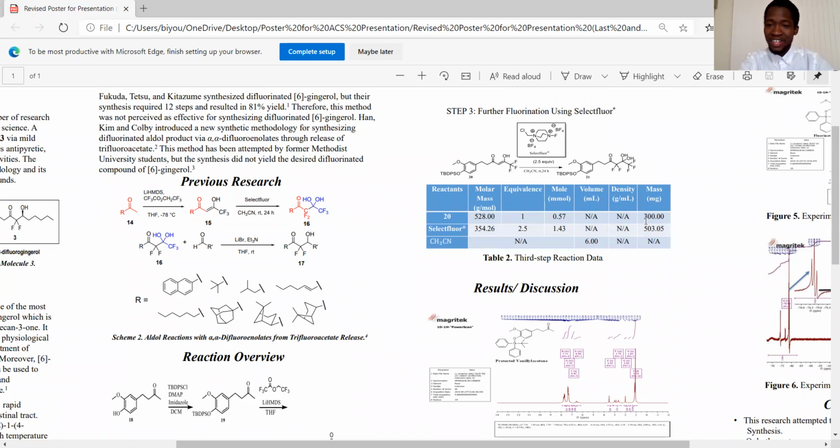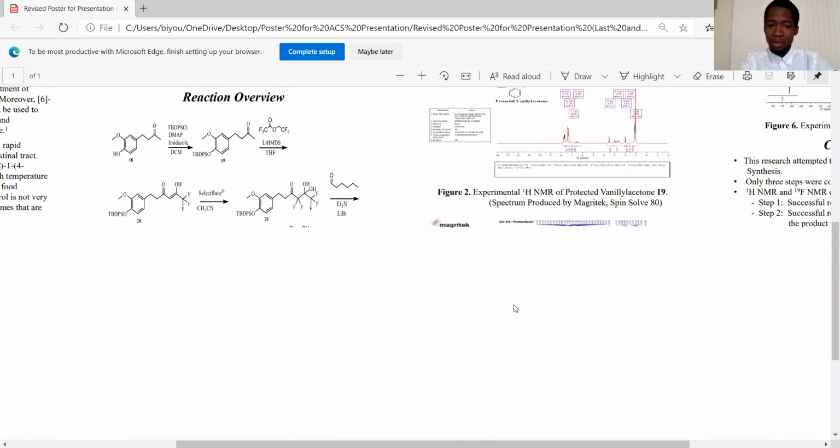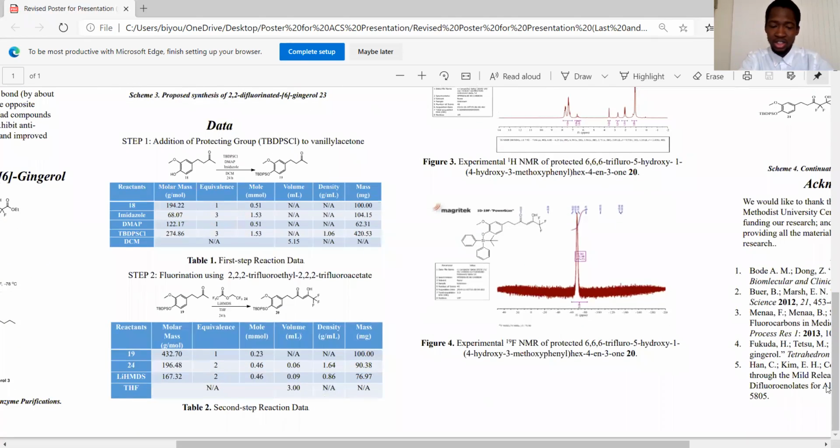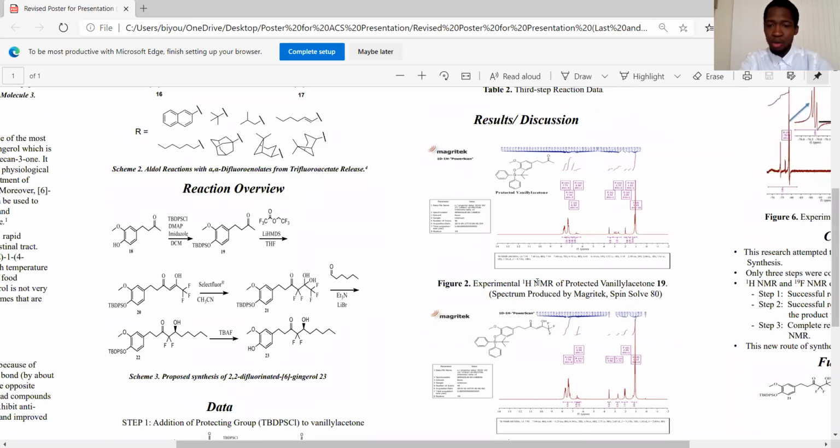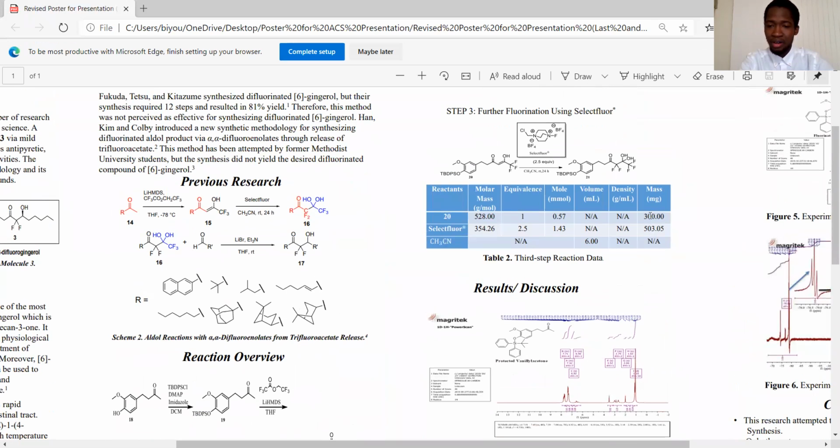This one is a little bit different because I started with 300 milligrams, because I was able to synthesize a lot of this product. So it gave me the opportunity to scale up to start with 300 milligrams. I used one equivalent of the starting material, and the Selectfluor was in excess in this reaction at 2.5 equivalents. And here 6 milliliters of acetonitrile was used in this reaction.